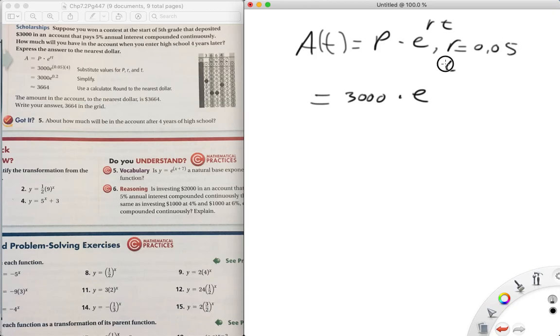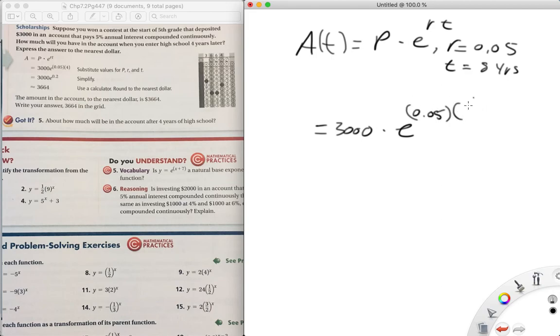And then t is going to be 8 years. So it's going to be e to the 0.05 times 8. And that tells me how much money this person would have in 8 years at 5% interest.